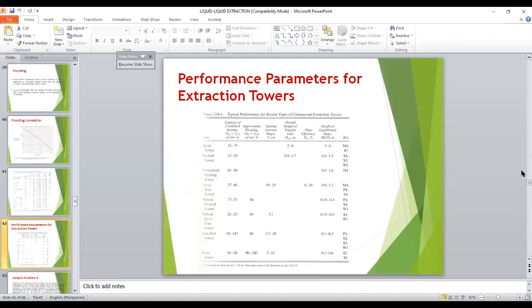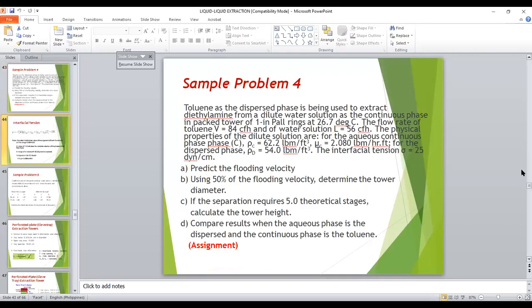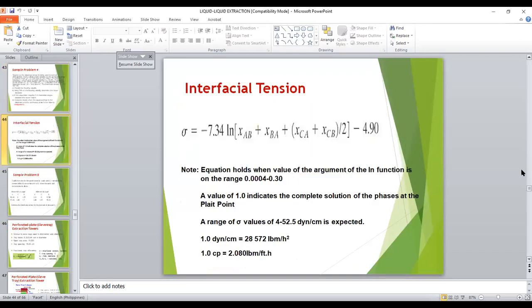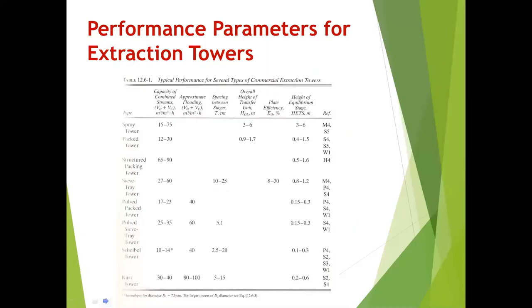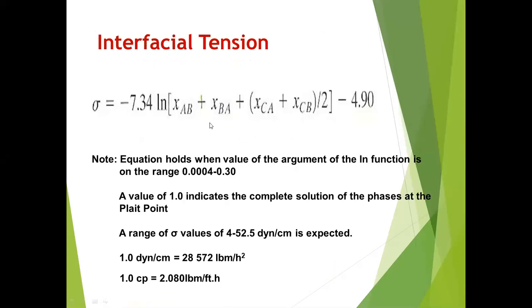Okay, so this is our problem. Now there are problems which do not provide us with the interfacial tension. You have a formula to use in finding the interfacial tension. However, the formula has some limitations.